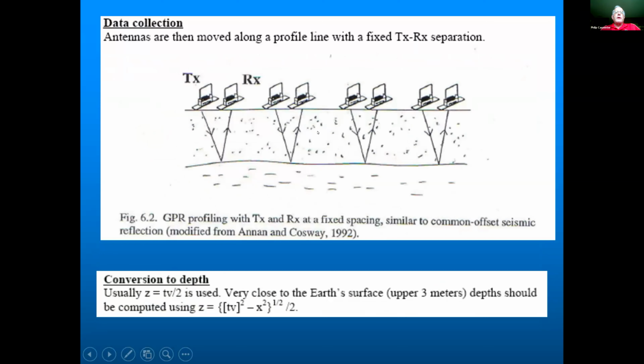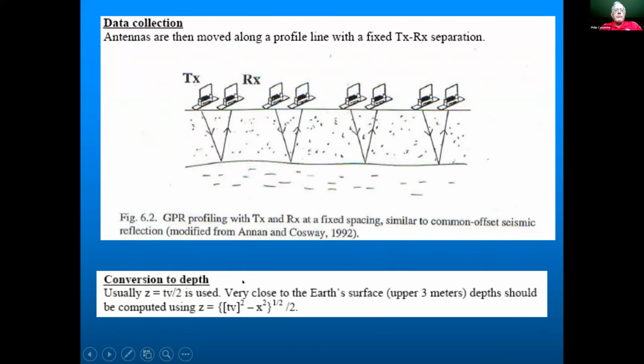So what you do is you move your units along a profile line. It's very simple, actually. You have to keep the distance between the transmitter and receiver at exactly the same distance, but you just move them along a profile line.